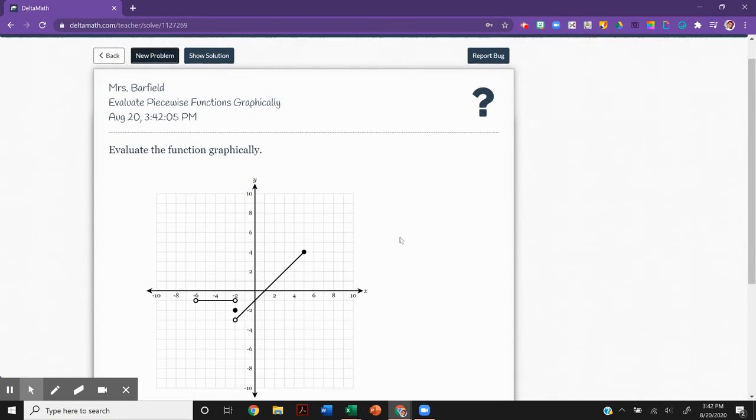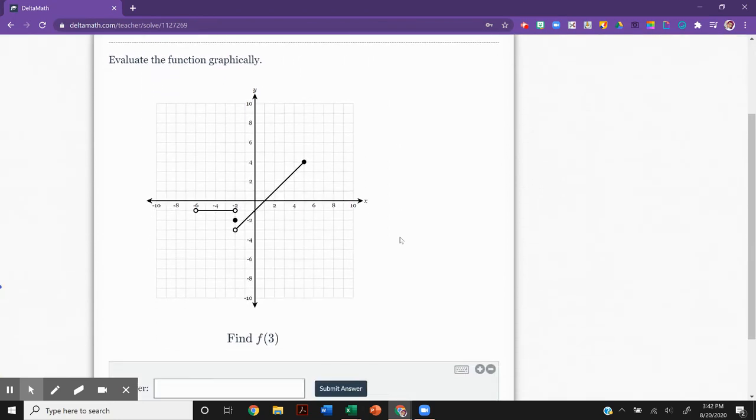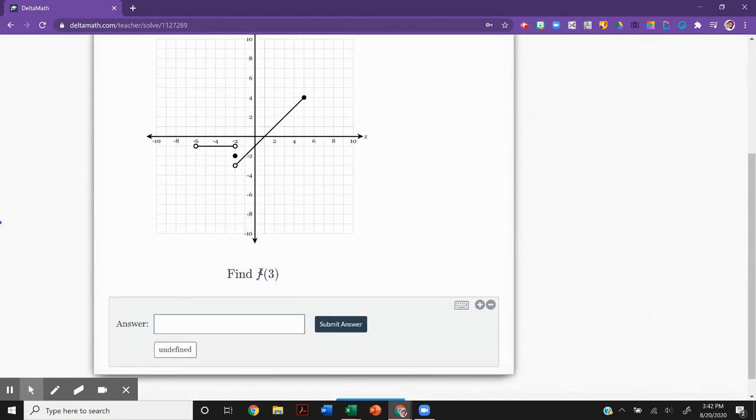Now it says evaluate the function graphically again. It says find f of 3. So I want to know what happens when x equals 3. That is all I care about. So I go to my x-axis and I go to x equals 3. So that's right here. Notice the function's right here.